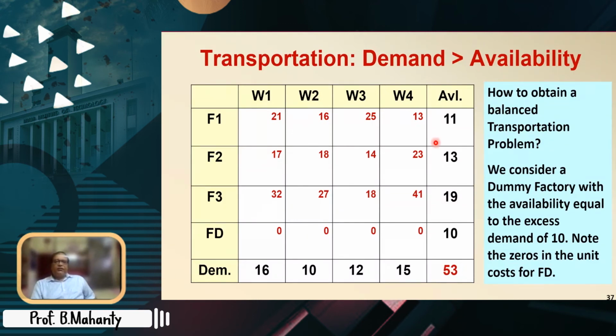All right, so this is the first step: create a balanced problem by adding a dummy factory so that the availabilities and demands are equated. Because demands are higher, a dummy factory is required.